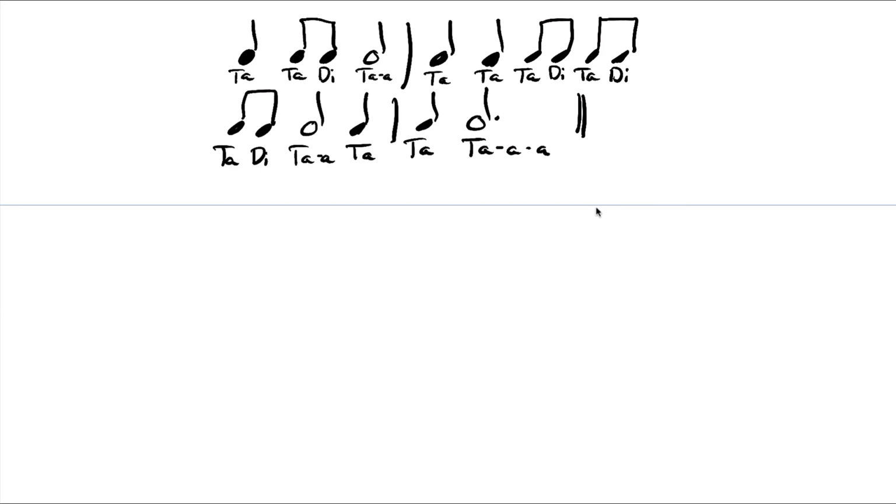So here's our tempo. Ta, ta-di, ta, ta, ta, ta-di, ta-di, ta-di, ta, ta, ta, ta.